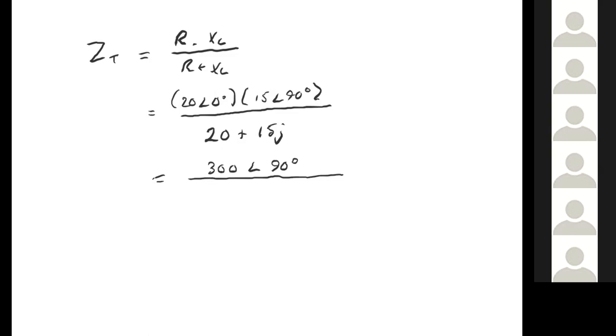So 20 plus 15j in polar form is 25, angle 36.9 degrees.